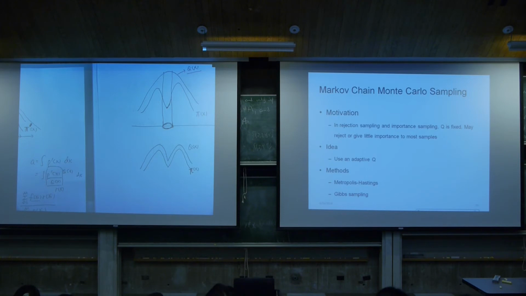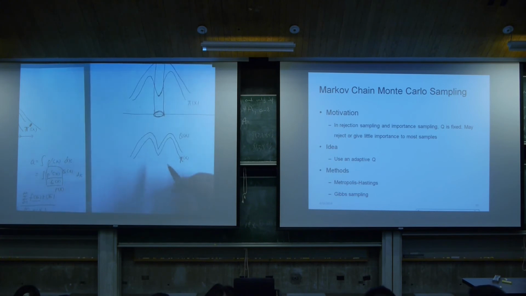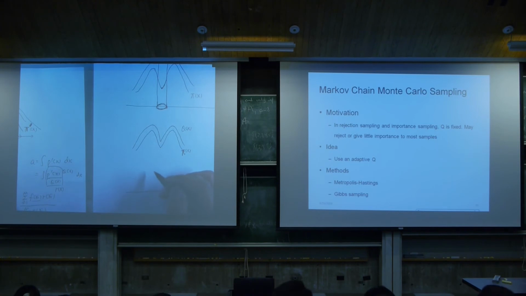So this motivates the idea of MCMC sampling. Instead of using a fixed Q, we can use an adaptive Q. Adaptive Q means that during the process of sampling, we can change Q with time.